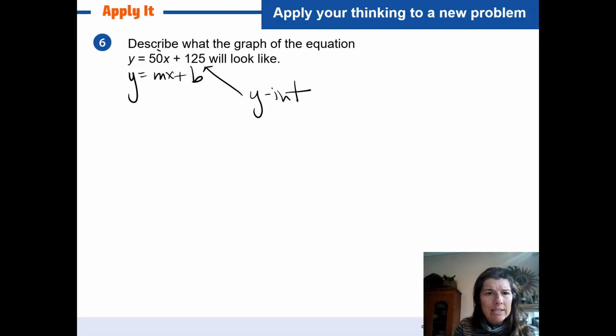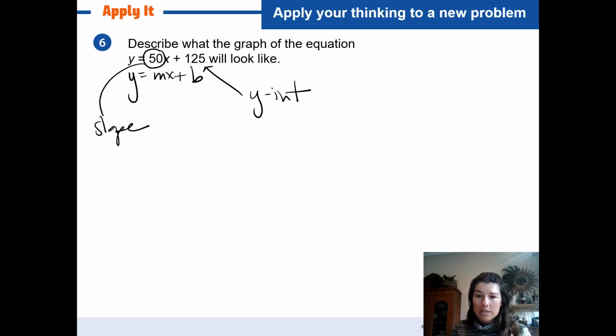And what does this 50 out in front of the x mean? This is your slope. Is our slope going to increase at a constant rate, or is it decreasing at a constant rate? It is increasing, 50. So reminder, your line is going to increase from left to right because it has a positive slope. So what is this graph going to look like?